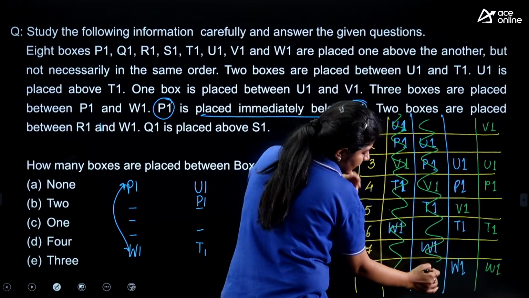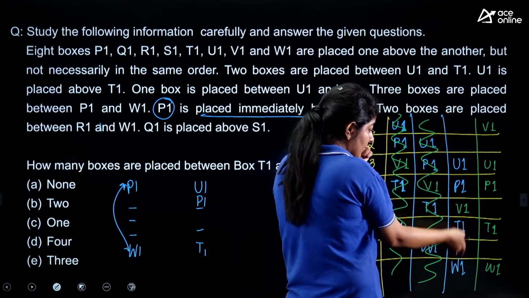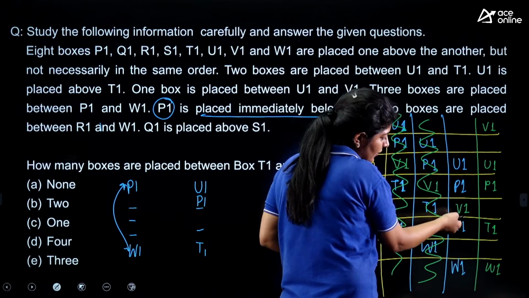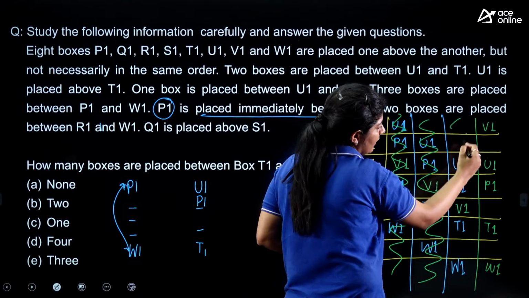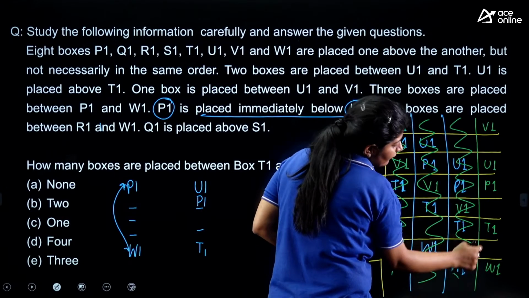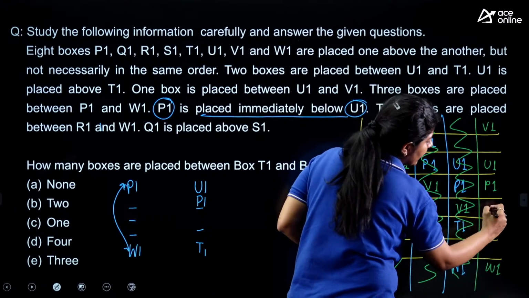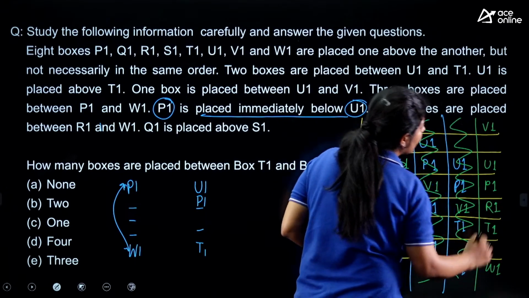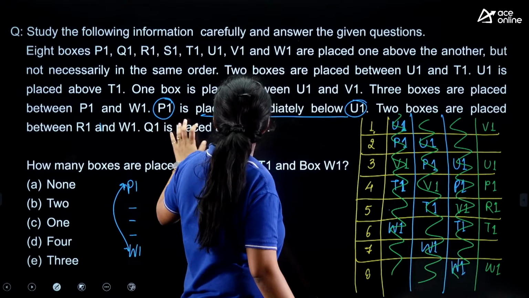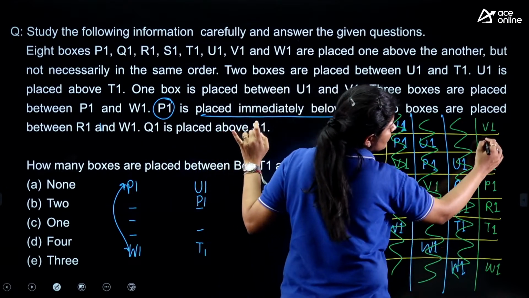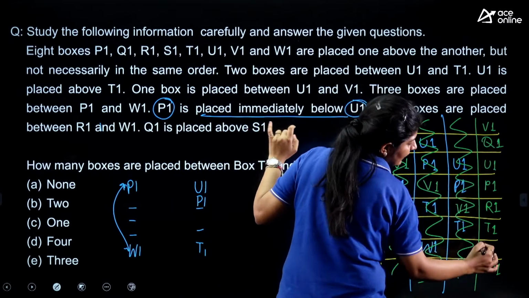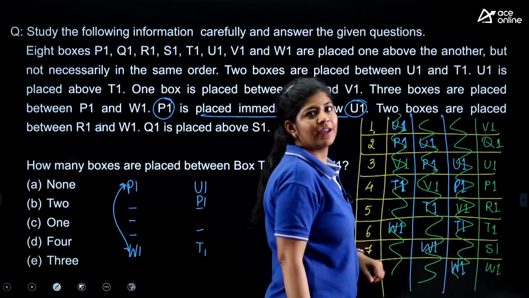This case is also eliminated. Here, can't move upsides because 1, 2, this place is already occupied. So we are only left with this one, 1, 2, as we can't move downwards, 1, 2, here we need to put R1, right? Now Q1 is placed above S1, okay? So here Q1 and S1. So this is my arrangement.